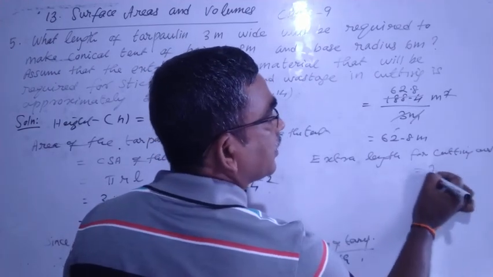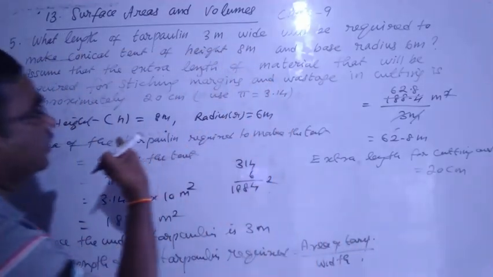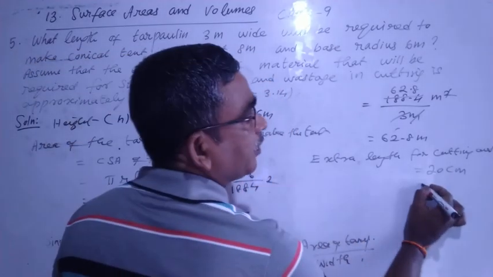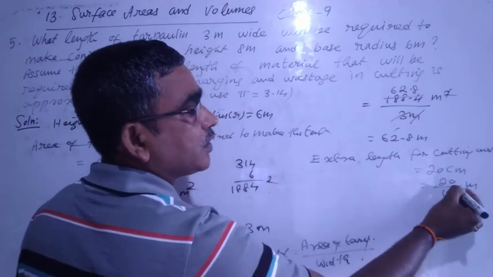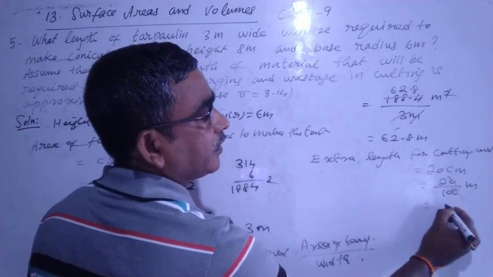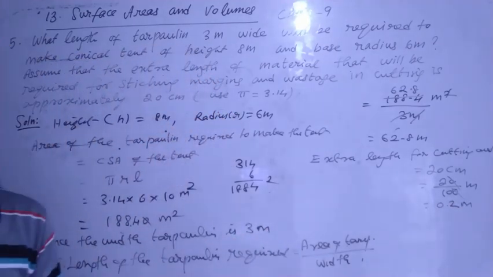How much is that? It is 20 centimeter. That means the centimeter should be converted into meter because these are all in meter. So centimeter can be made into meter by dividing by 100. So dividing by 100 gives 0.2 meter extra length required.